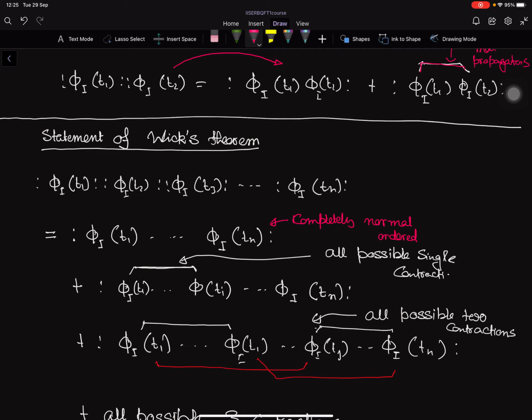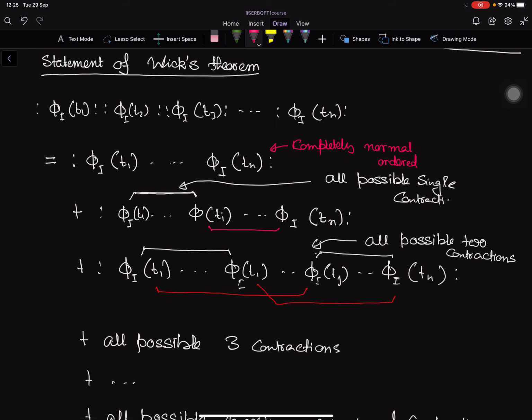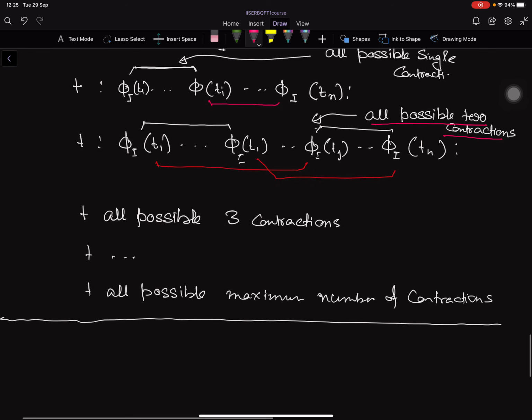Then up to that there are all possible single contractions. So this is one contraction shown, this is another contraction shown. There can be many types of single contractions. Then you have to take all possible two contractions, and this way you have to continue until you reach the maximum number of contractions.